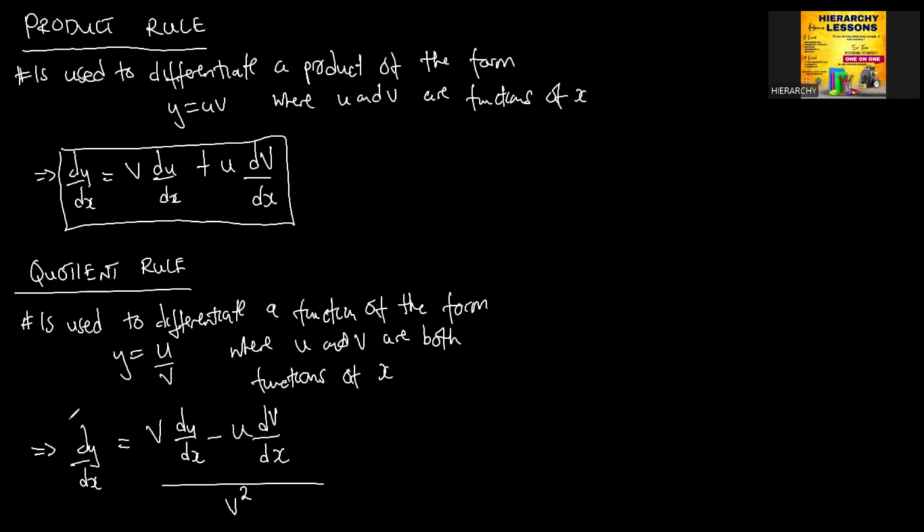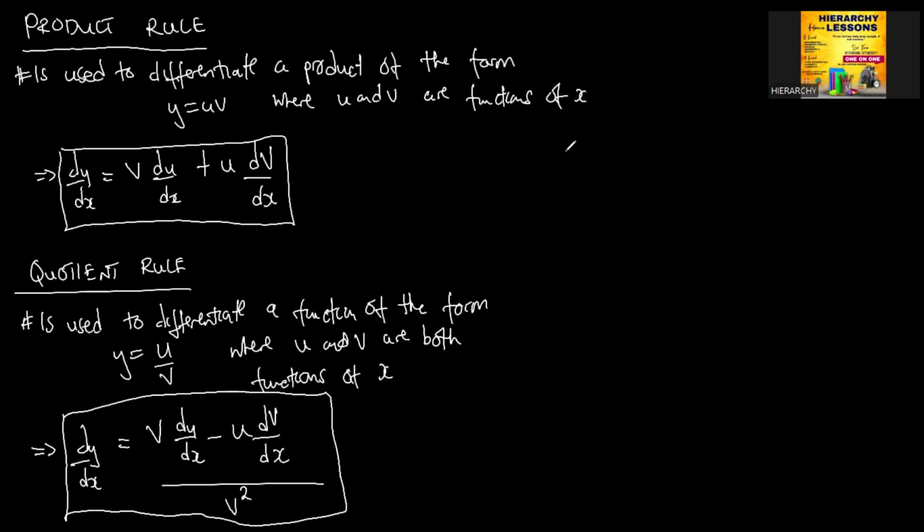So that's the expression that's going to give us the derivative. So dy/dx is equal to v du/dx minus u dv/dx, all divided by v squared.